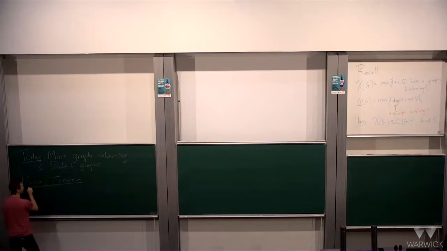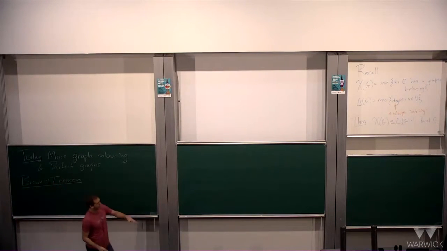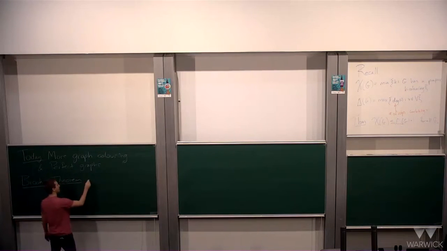So there's something called Brooks's theorem. We're talking about what happens if this inequality is an equality.